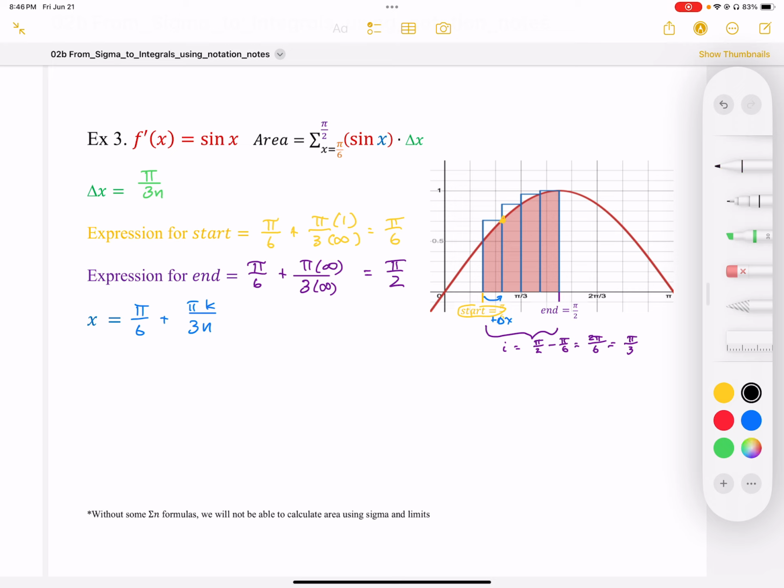So now I can put this into my sigma notation. So I'm going to write it like this.